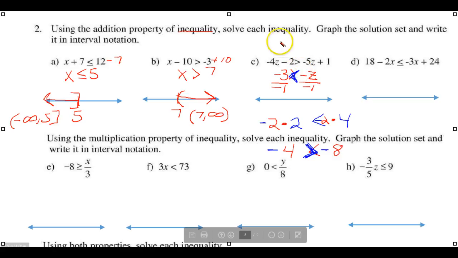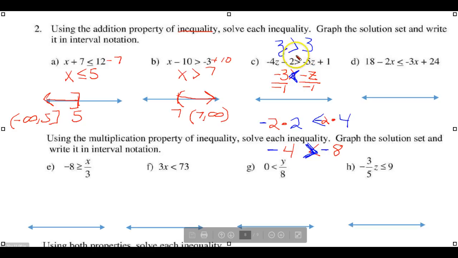So now our answer here would be z is greater than 3, because this became a positive 3 on this side and a positive z on this side. So that's the one crucial difference when you're solving inequalities, that if you have to multiply or divide by a negative to keep the statement true, you must reverse the direction of the sign.